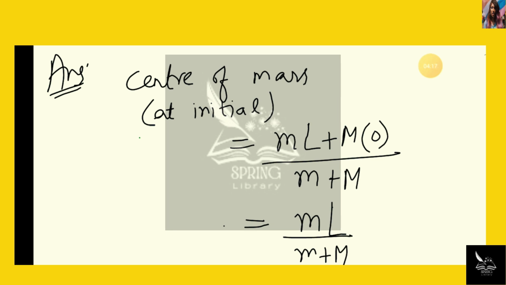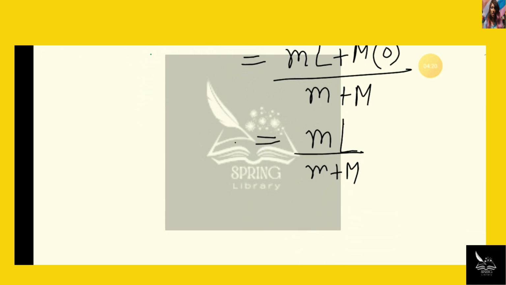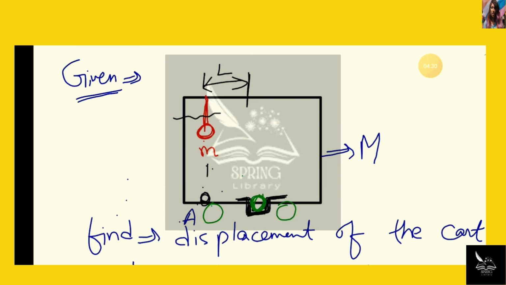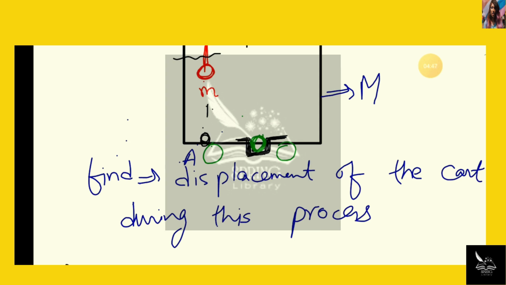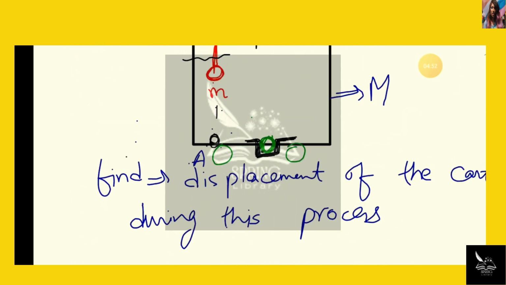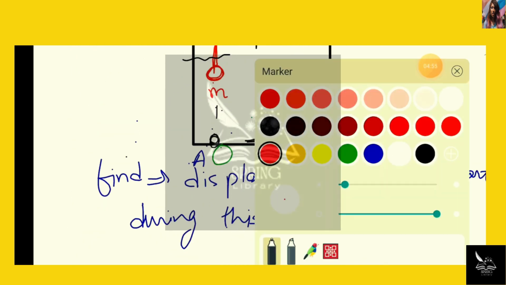Now in the question there is a further case given: after the string breaks, the pendulum bob falls down on the floor, and after several collisions it goes inside the slot. If I consider this point, I give it the name P, where the slot is.